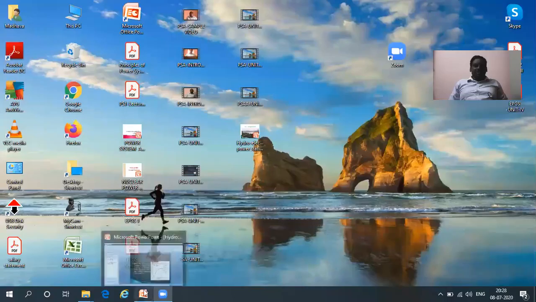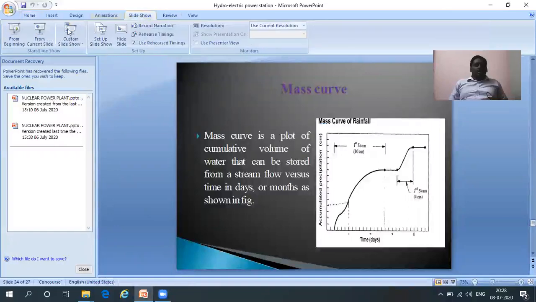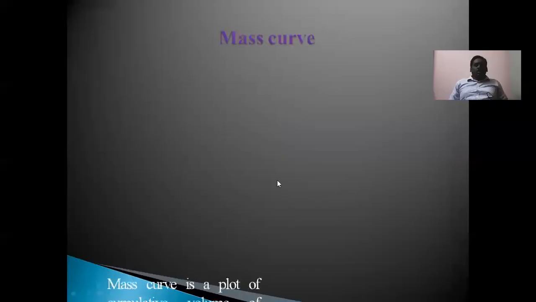So next we go for some of the definitions which are involved in hydroelectric power stations. The first one is mass curve. What is meant by mass curve?